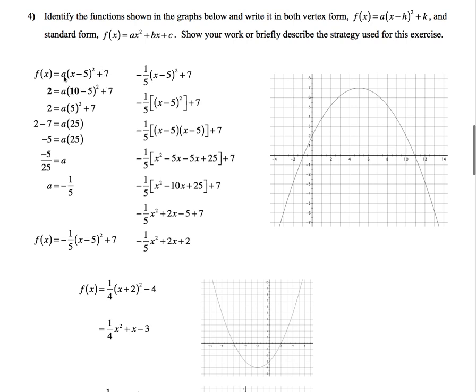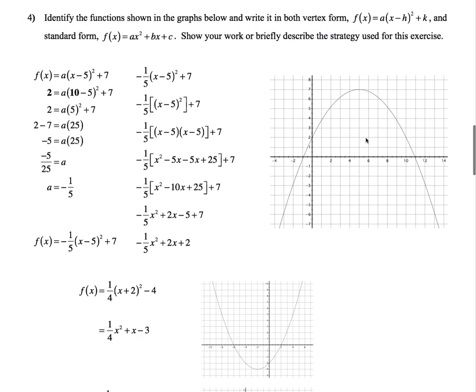Now our only unknown is a, what will be the leading coefficient in the standard form. And so to determine a, we again look at the graph to see if there's a point that we can clearly identify on the graph, and it looks like this one right here, x is 10, y is 2.